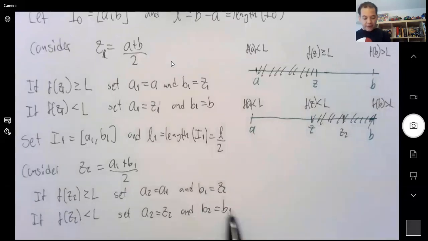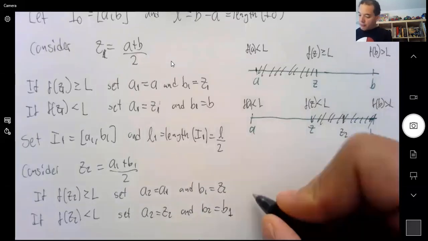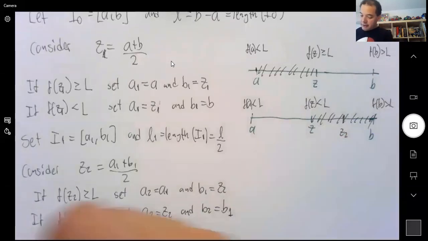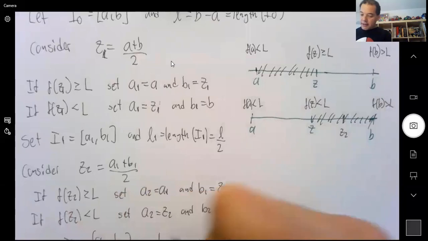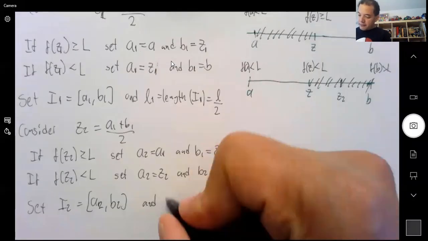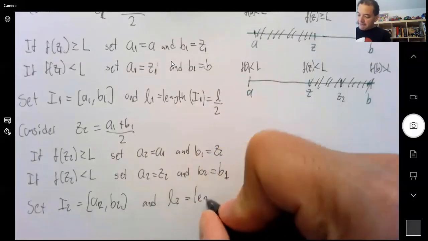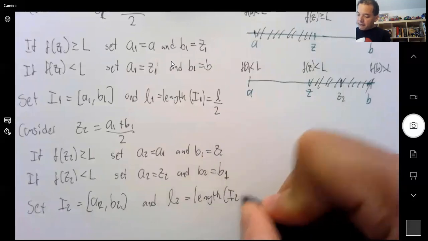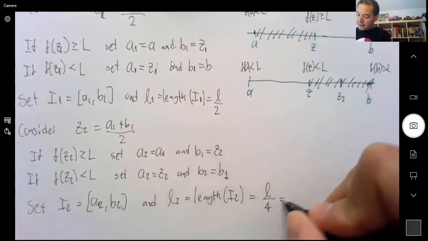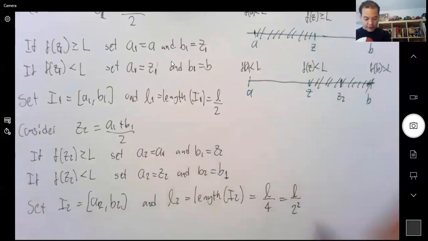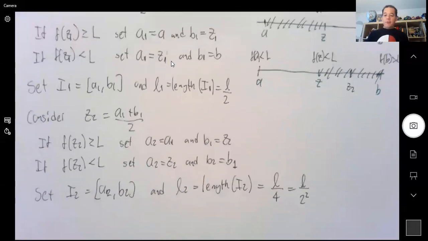That's what we're saying here. So what happens now is that we set I2 to be A2, B2, and the length is now L over 4. I'm going to write it as L over 2 squared. Okay, and we keep doing this.